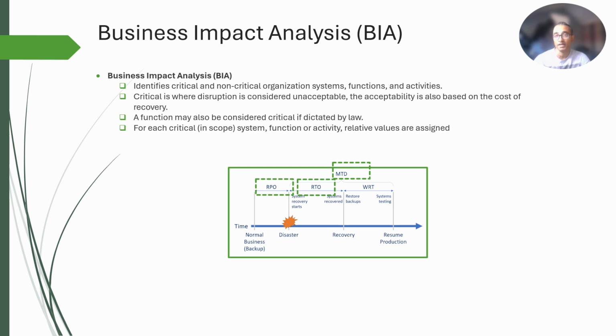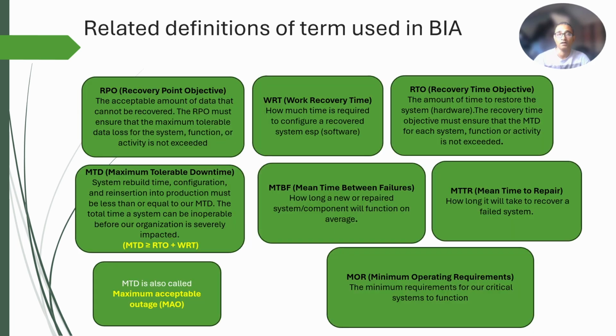But overall, the criticality of the system is the main driver. How do you parameterize these values? They are done by choosing different parameters, and those parameters are as follows.